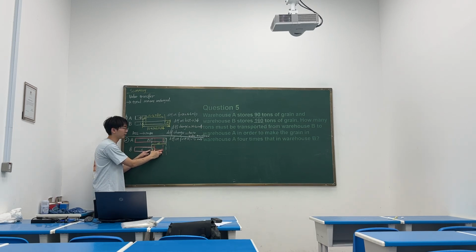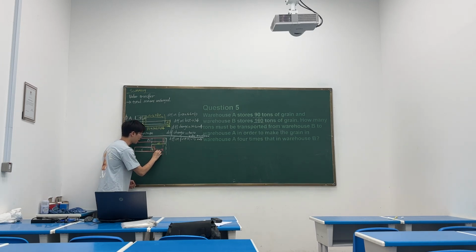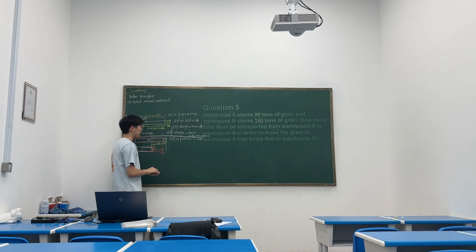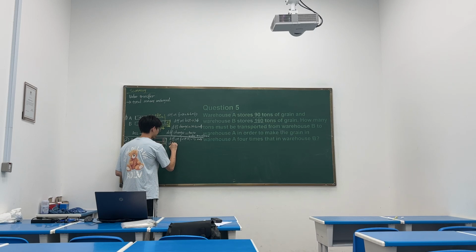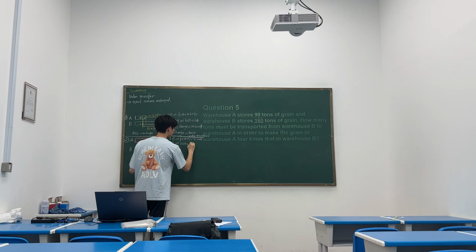We use 4 minus these two values. These two values are 1. So 4 minus 1 times 2 should give us 2. So the difference at last equals to 4 minus 2 times 1 equals to 2.